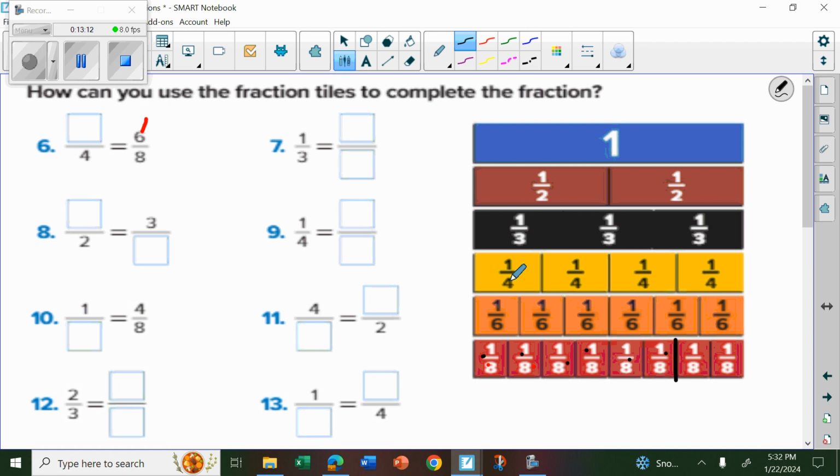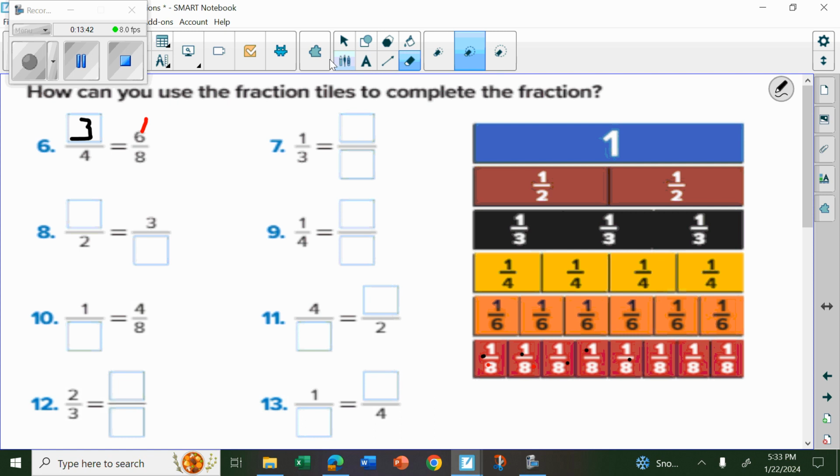If we go up to the fourths, what line is right there? How many fourths does it take to make 6/8? 1, 2, 3. So it's 3/4. Okay? All right, let me erase this real quick.